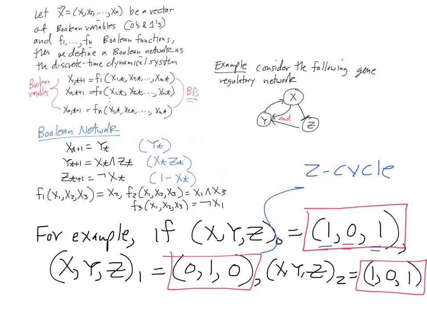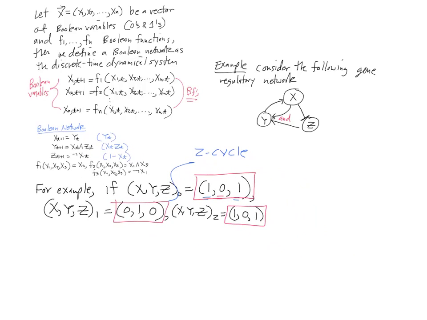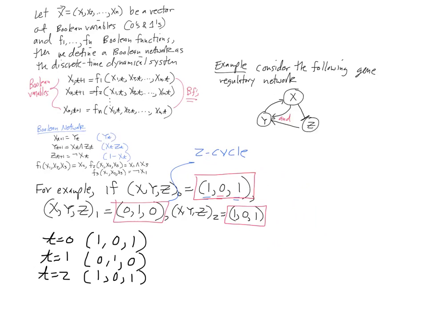If we were to iterate this for multiple time periods, what you'd end up with is at time 0 you have 1 0 1. At time 1 you have 0 1 0, and at time 2 you have 1 0 1. Time 3 you would have 0 1 0.